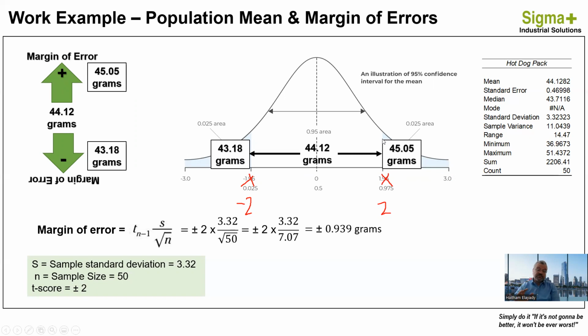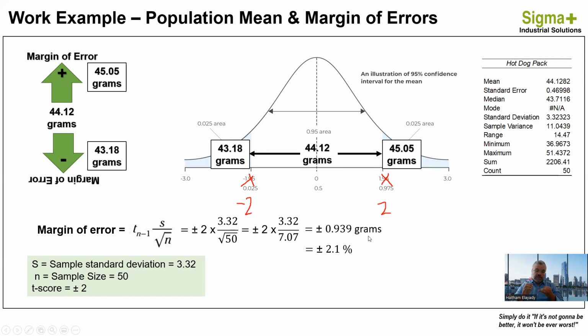And there will be a risk of 5%, which means that only 5 samples might have a population mean dropping outside the range of 43.18 grams to 45.05 grams. And hence, we can also conclude that the margin of error here is ±2% of the population mean.